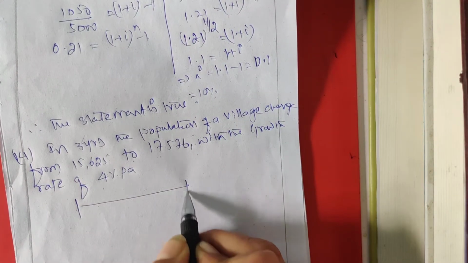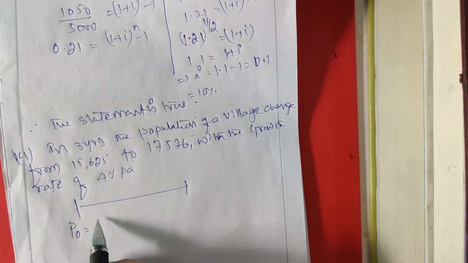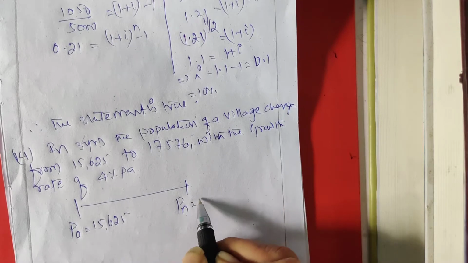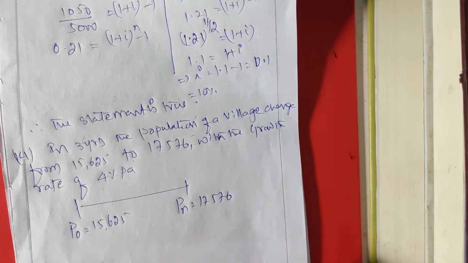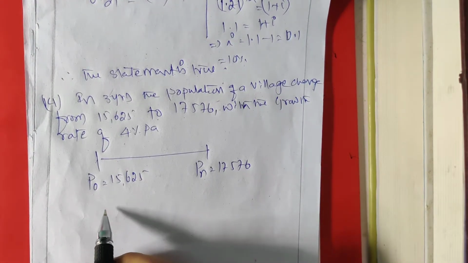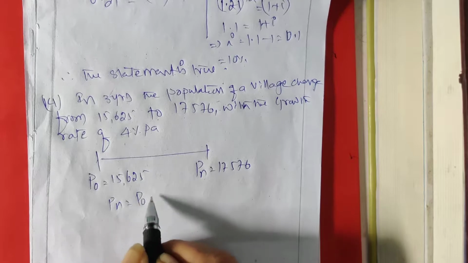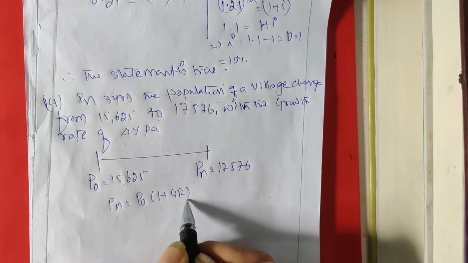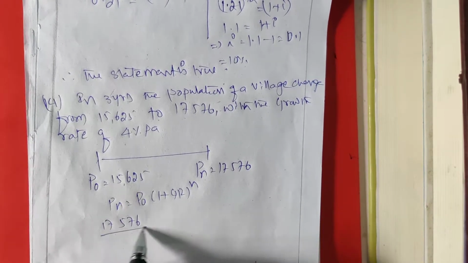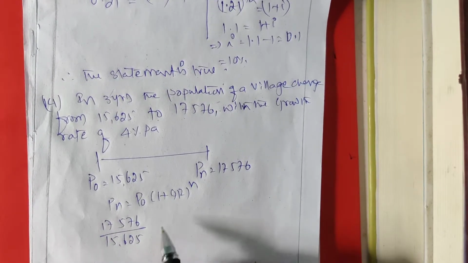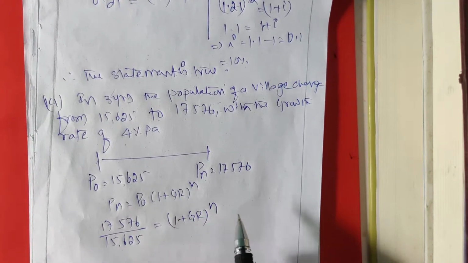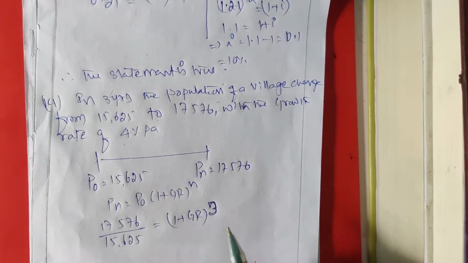Let us see, sir. The initial value is given, P0, the population at 0, and Pn is equal to 17,576. So Pn is equal to P0 into (1 plus growth rate) to the power of n. 17,576 divided by 15,625 is equal to (1 plus growth rate) to the power n, where n is 3, as given.